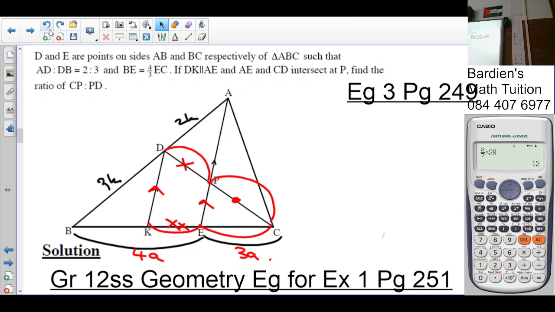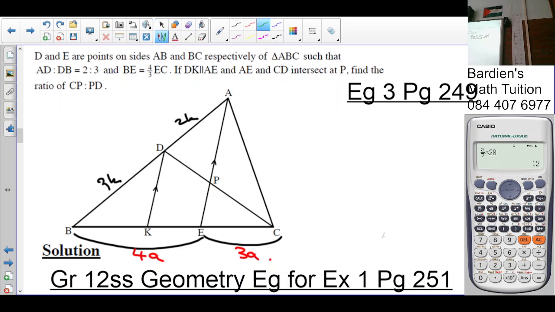Now we must see a triangle where KE is involved. Let's just change the color here. We know that KE over, I need KE. I'm working this triangle. Okay, so it's in triangle ABE.